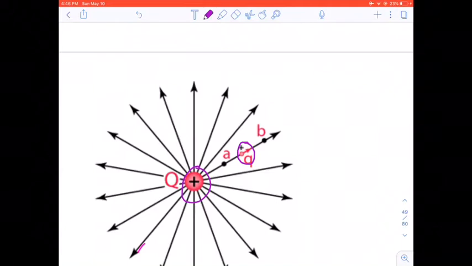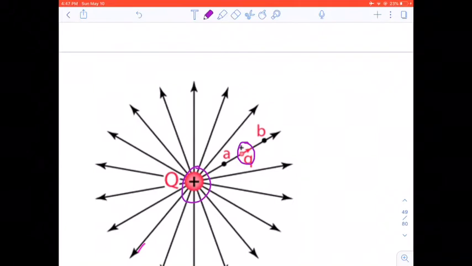Now, if we have a positive test charge in the vicinity of this electric field, you will see that it moves in the direction of the field. It would move in a direction from A to B. So it moves in the direction of the field.